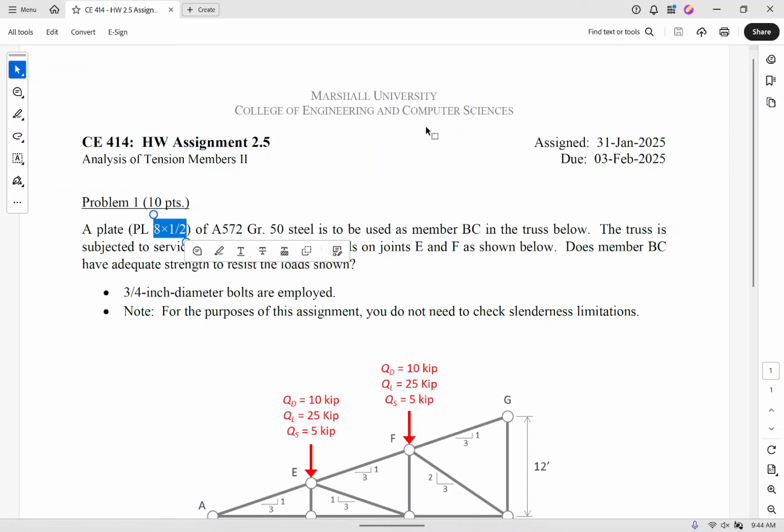I'll go ahead and tell you, you do not need to check slenderness limits for this problem. It actually fails slenderness limits. It's way slender. I think its L over r is like 600 or something. It's bad. And some of you are going, well, why did you pick a member that you knew failed slenderness limits?